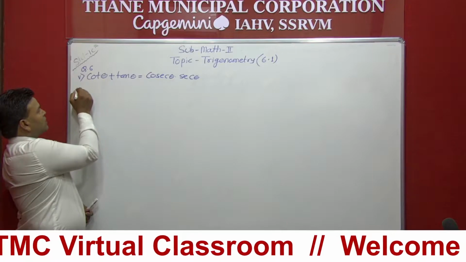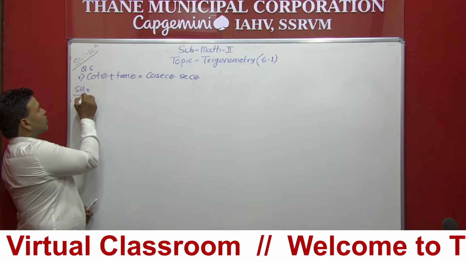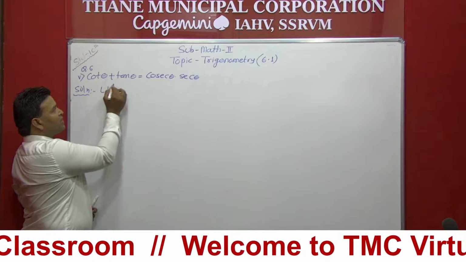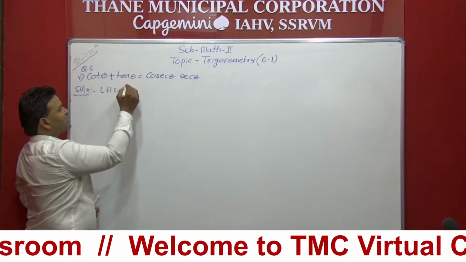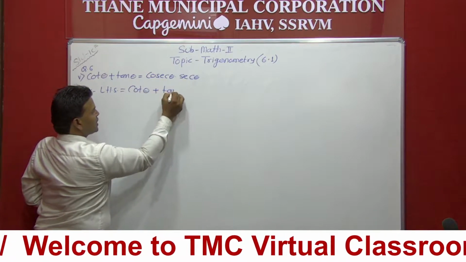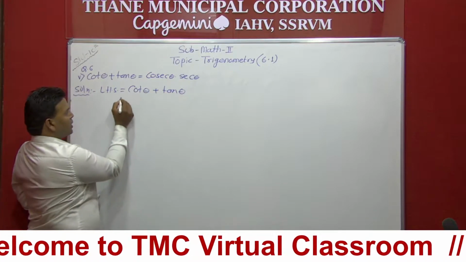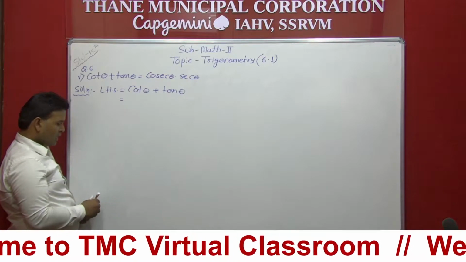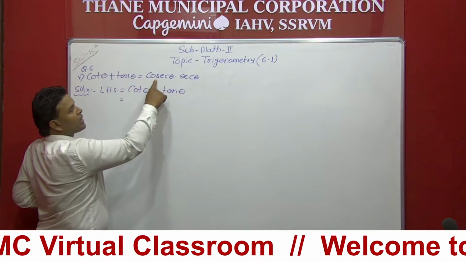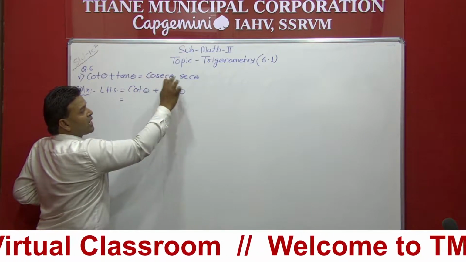In the solution, first we will write down LHS, left hand side, cot theta plus tan theta. Now see, in this question we are given cot and tan, and we are supposed to find cosec and sec.